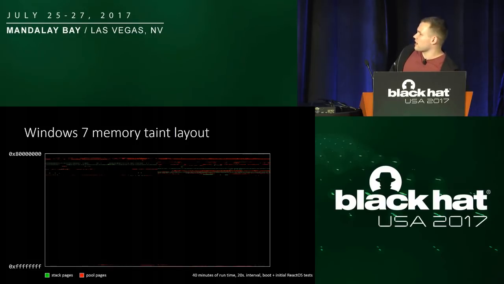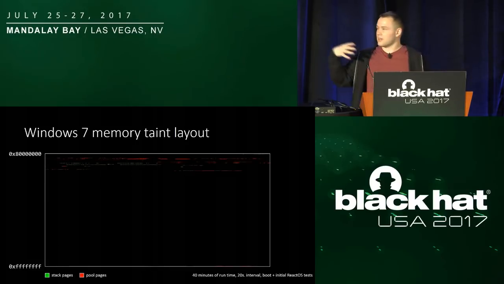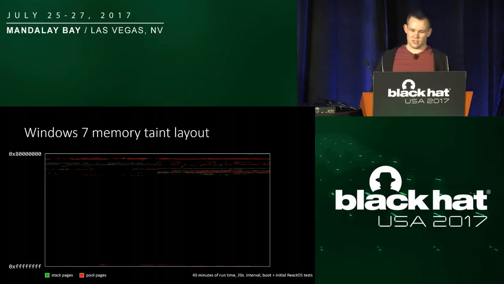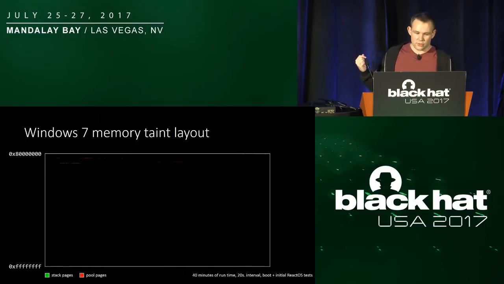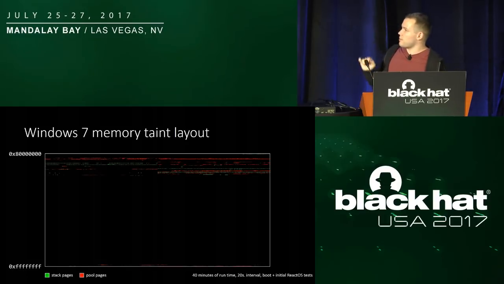Oh, you can actually see that quite well. I created a small visualization of the whole address space in Windows 7. Here you can see the whole 2 GB kernel address space over time. This is an image of dimensions 1024 by 512.